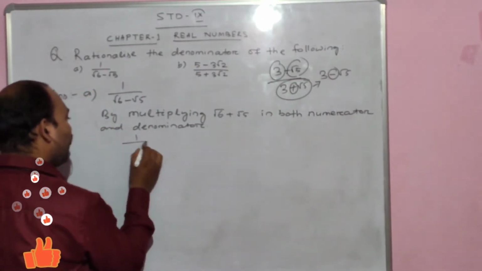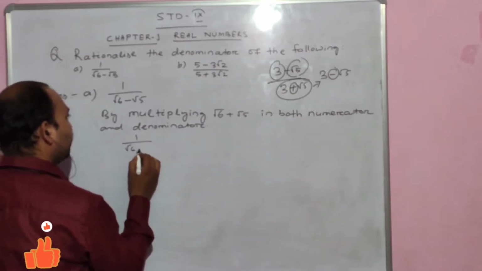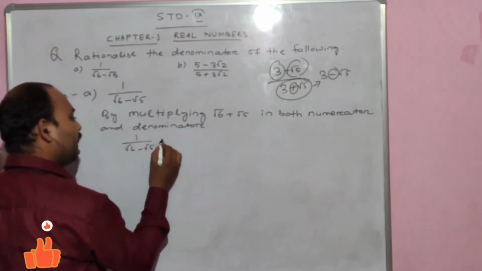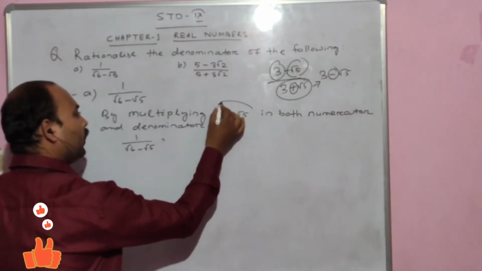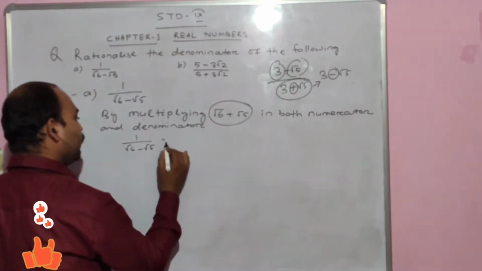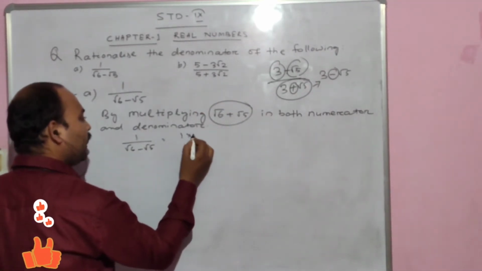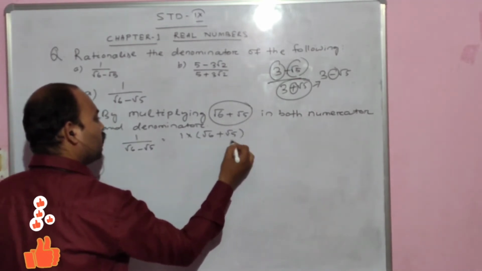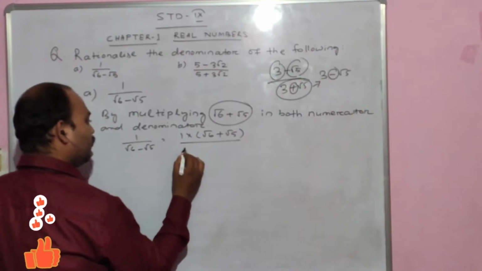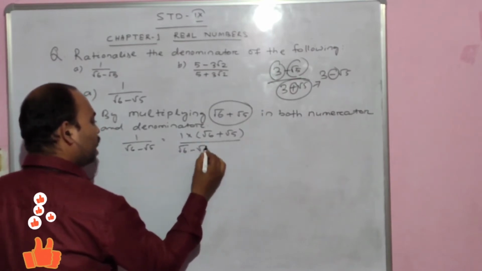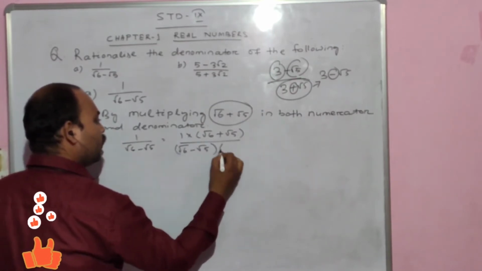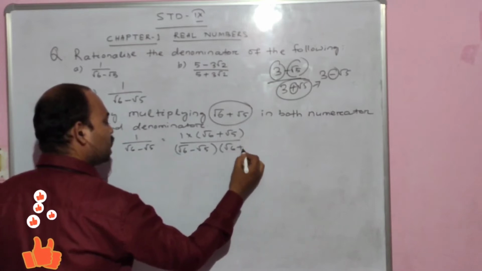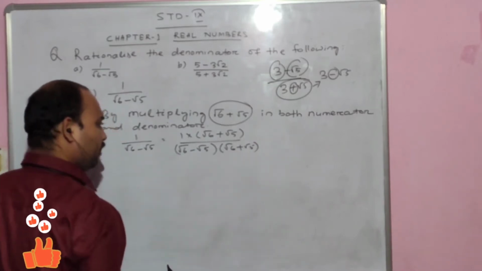See, 1 upon root 6 minus root 5. Now we have to multiply its conjugate number in both numerator and denominator. That means 1 into root 6 plus root 5 upon root 6 minus root 5 into root 6 plus root 5.